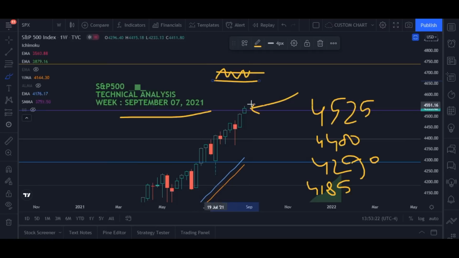Because this is S&P 500 index, if I say that the resistance is 4525, it means plus minus 30, plus minus 25, plus minus 35 is acceptable here. So if you want to build a zone, the upper layer of the zone will be 4560, and the lower one will be 4490 or 4495. So that will be the resistance zone.